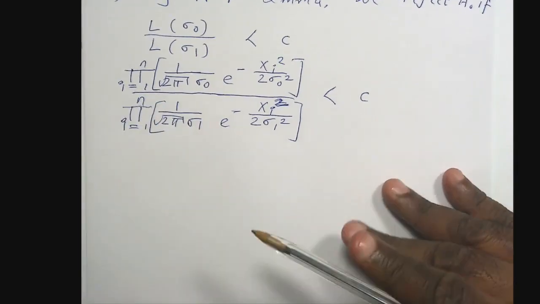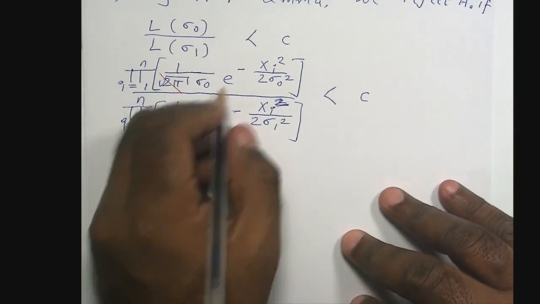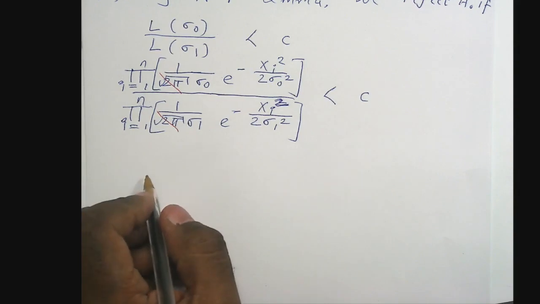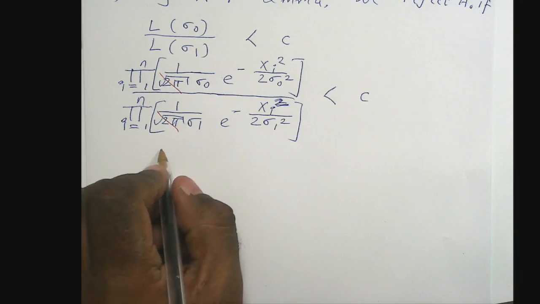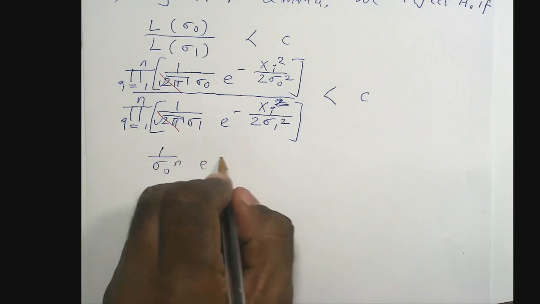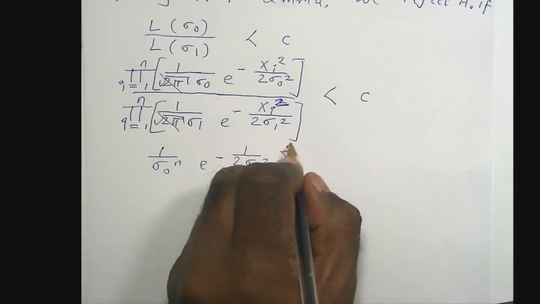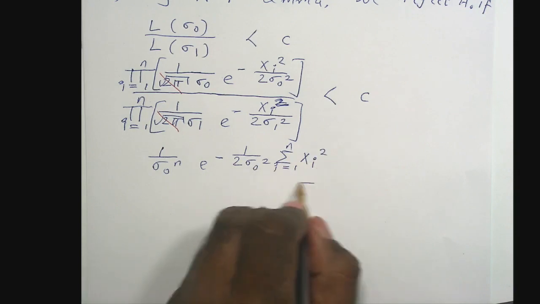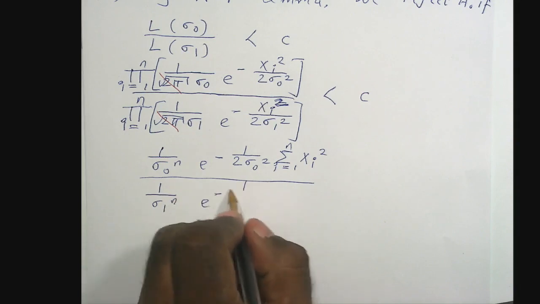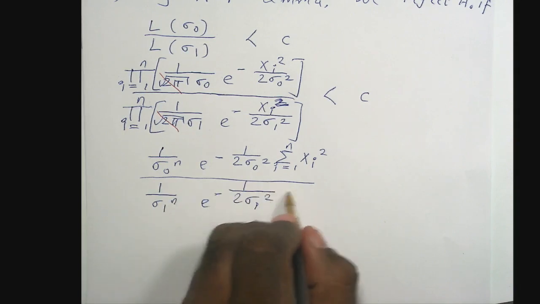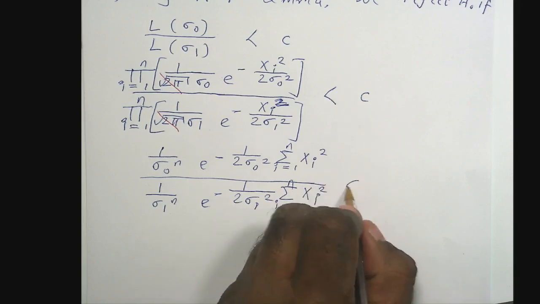Now, simplifying this, you see that this term and this term cancel out. So simplifying, you get this on the top, and on the bottom you get this.